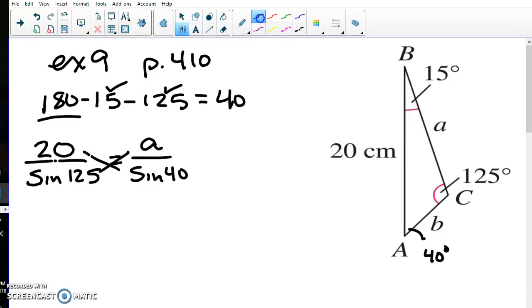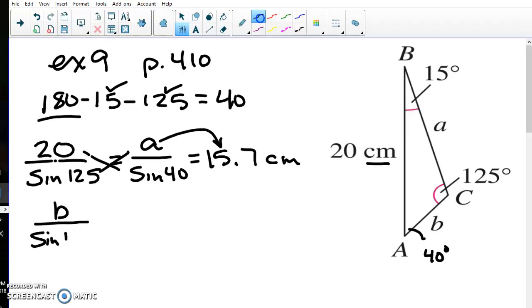In cross multiplication, and these are in the units centimeters, you guys should get roughly 15.7 centimeters for the side A. Setting up the same situation to solve for side B, we know that B is to the sine of 15 as, let's use what we just got, 15.7, that's what we got for A, is to the sine of 40 degrees.